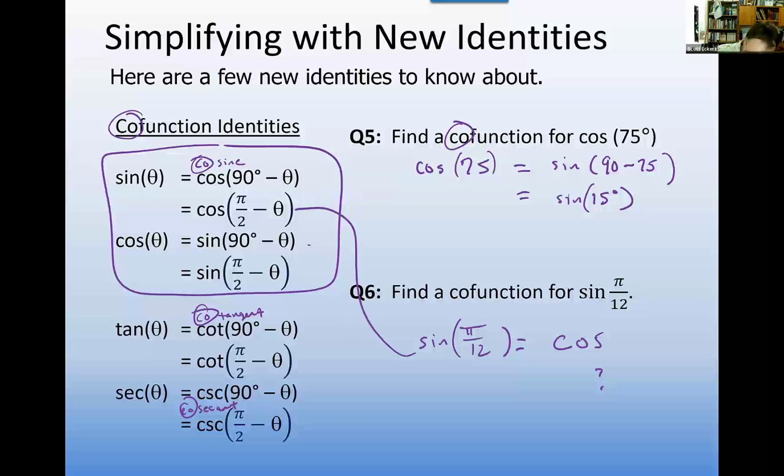I need radians, that one. So I'm going to take the pi halves minus this one here, pi 12ths. Now, you cannot do pi fractions in your calculator.